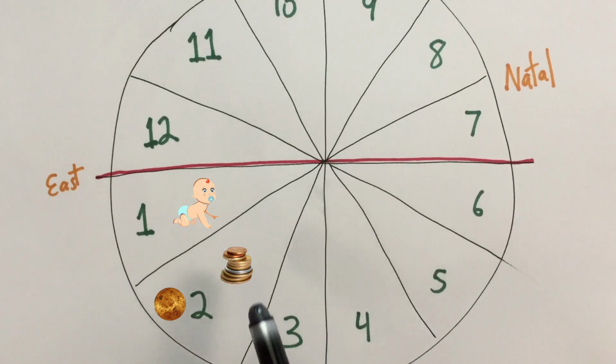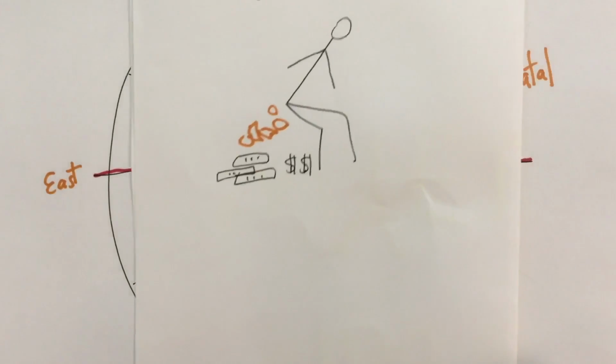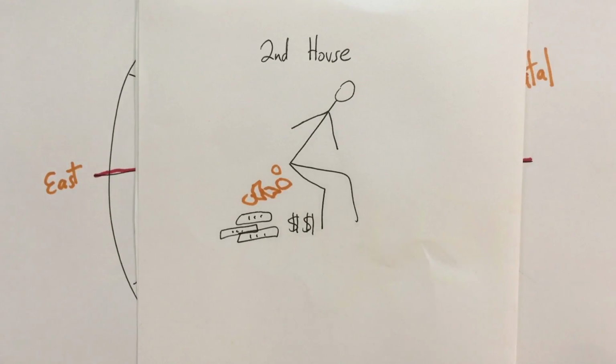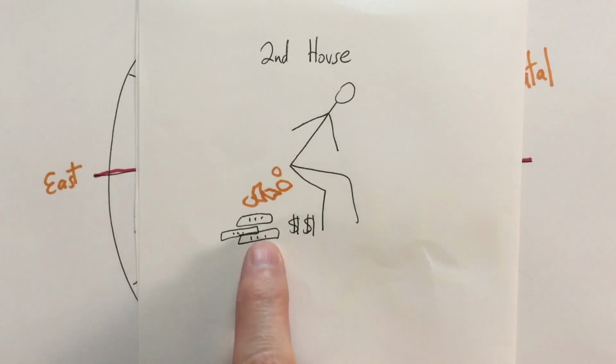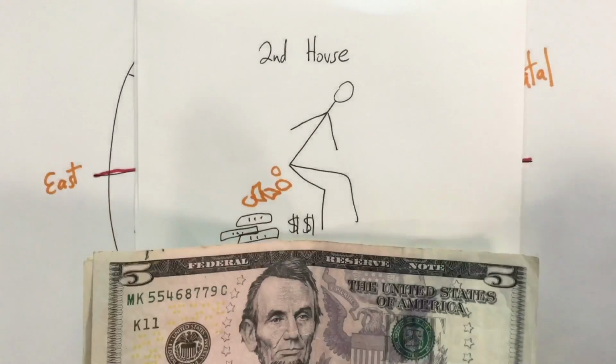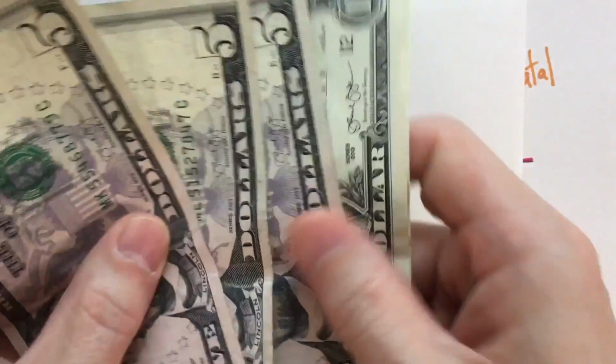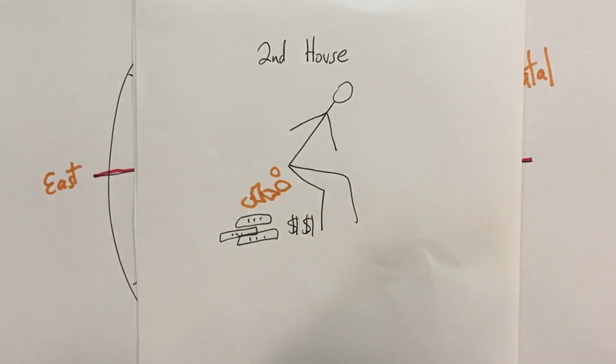So what's an easy way to remember the second house? This is going to be gross, and I apologize in advance, but you'll never forget it. I want you to picture yourself taking a number 2 on all of your money and your possessions. So you're sort of squatting over, taking a number 2 on all of your possessions, and you get the extra bills, and you're sort of wiping with the extra bills and cleaning up with the extra possessions and money.